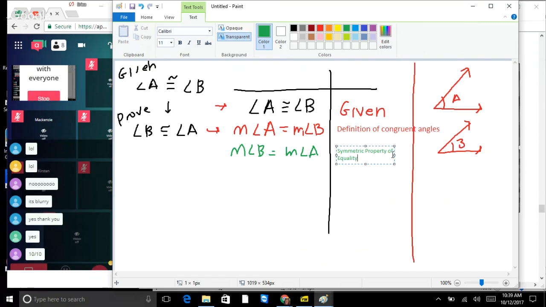This is what we started off the day with, reviewing our properties of equalities for lengths.